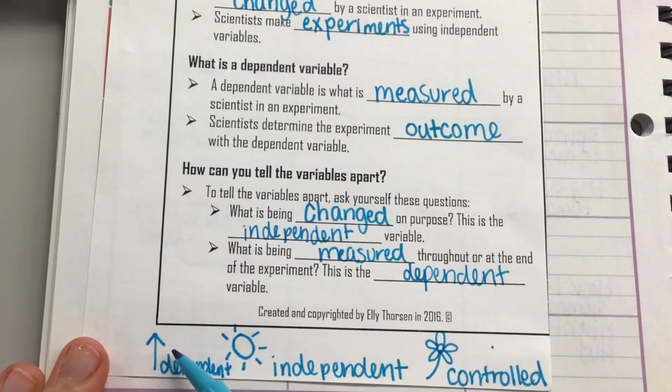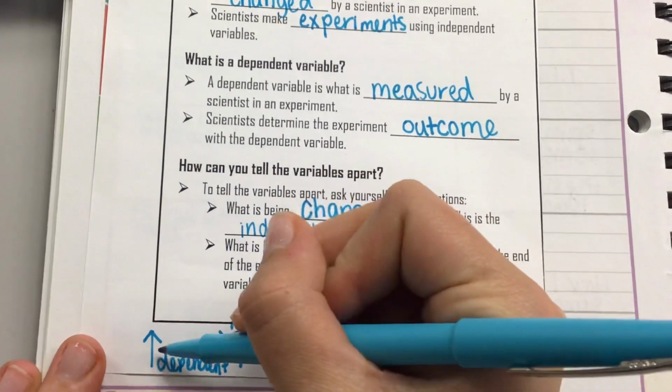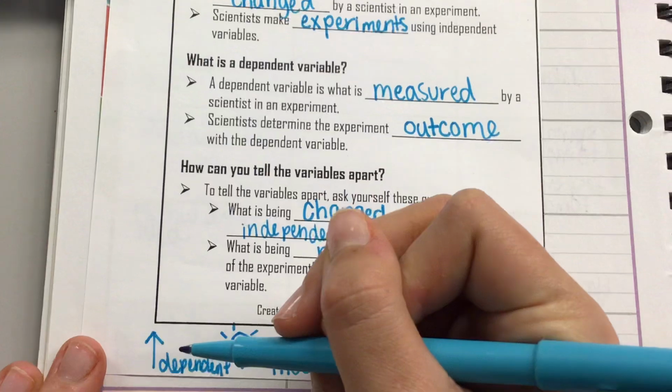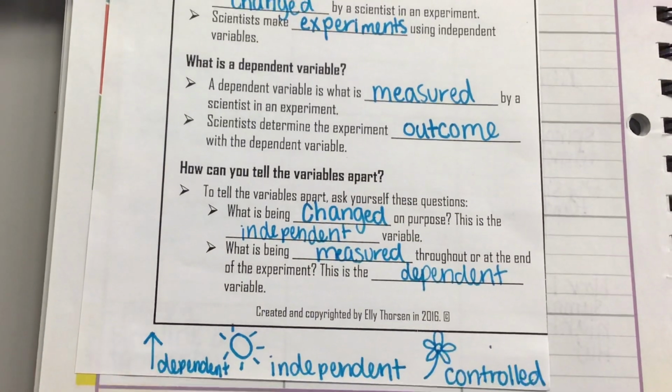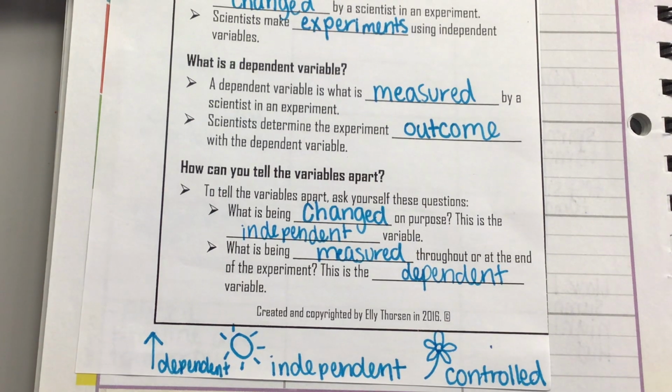Then what I measure is this dependent variable, which is the growth. So I will be measuring how much each grows based on the independent variable, which is how much sun they get. But you all had really great ideas for experiments, and that'll be really beneficial.